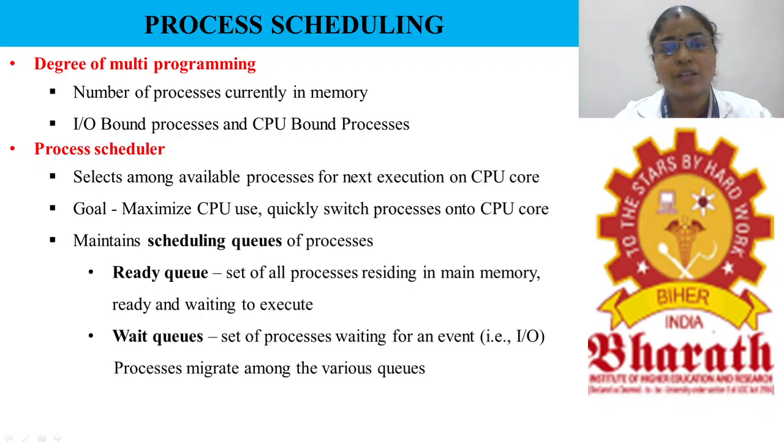The first is the ready queue, the second is the wait queue. The ready queue is the set of all processes residing in main memory, ready and waiting to execute. The wait queue is the set of processes waiting for an event, which may be an IO event. Processes migrate among the various queues.